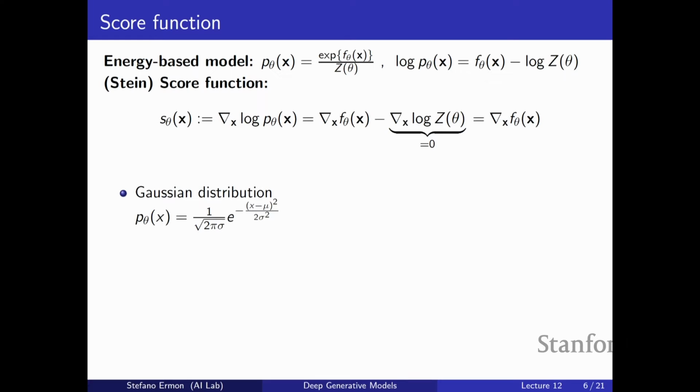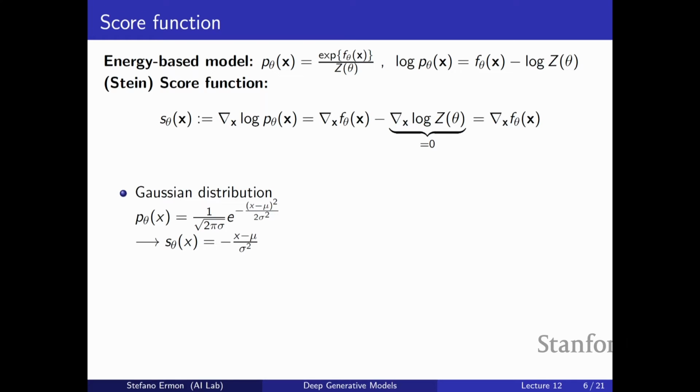You can see this idea in play. If you have a Gaussian distribution, where as usual the parameters are the mean and the standard deviation, the partition function is the normalization constant in front that guarantees that the integral of this function is actually 1. If you take the log, you get the log of the normalization constant plus the log of the exponential.